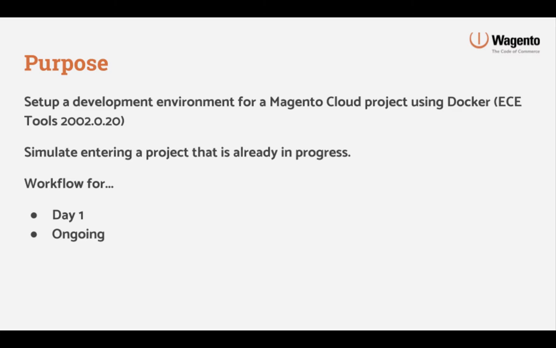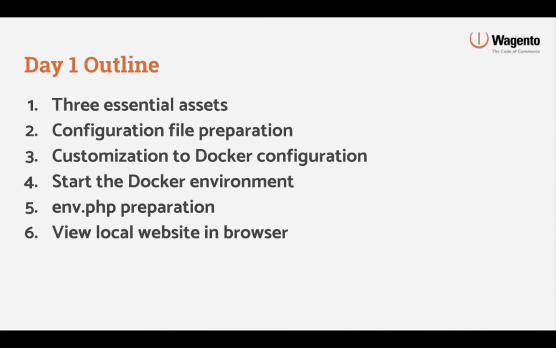We'll also examine what steps are appropriate for day one when you're initially setting up your local development environment, and then the steps that are appropriate for subsequent days, just maintaining that Docker environment. We'll start with the steps for day one during your initial setup of the Docker environment. We'll download 3 essential assets required to get a project running in any environment.